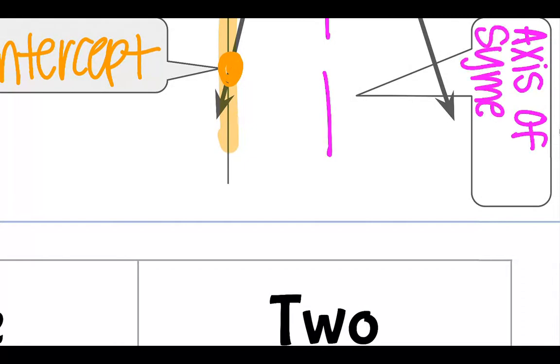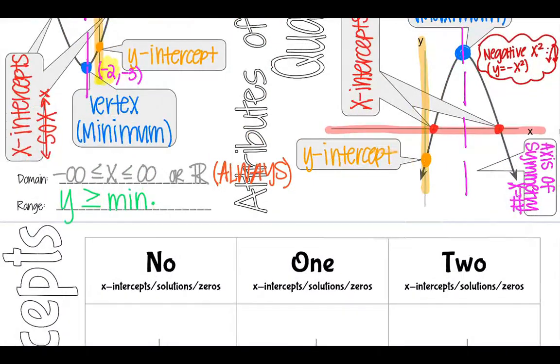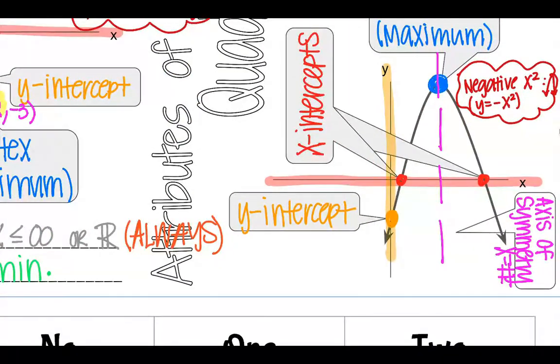And again, it's x equals a number, and that number is whatever the vertex is. So if it's over -2, it's going to be x equals -2.